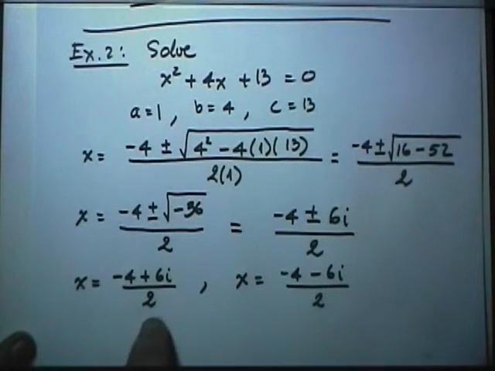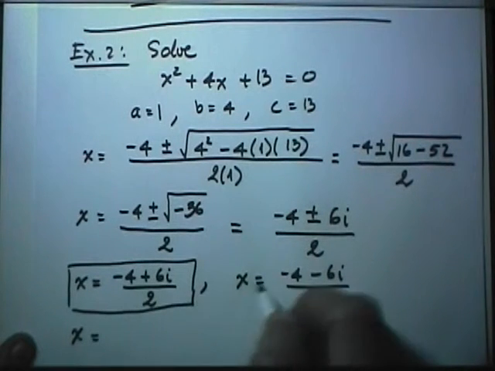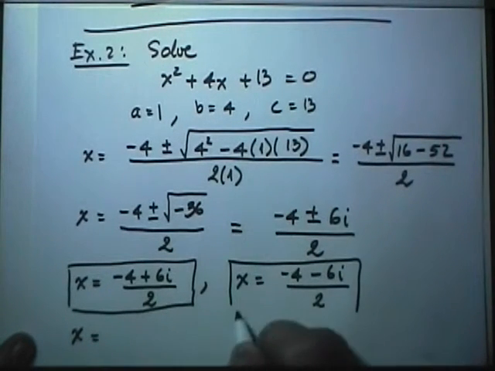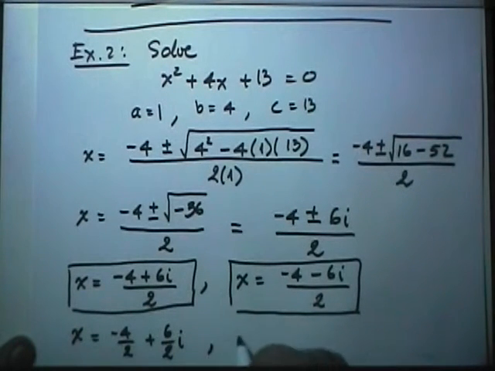You should break the solution down here. I mean, you can leave it this way, that's fine too. That's one way you can express your final answer in terms of a complex number. But if you want to break it down, you can do minus 4 over 2 plus 6 over 2 i, and the other x is minus 4 over 2 minus 6 over 2 i.